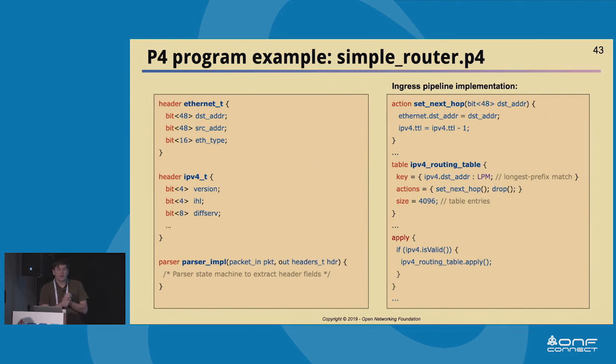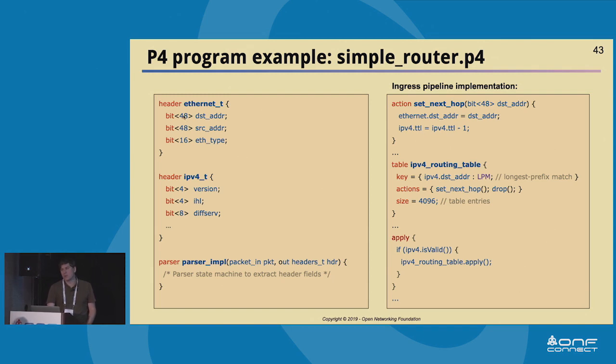This is an example of a P4 program, or at least some small snippets from a P4 program implementing a standard IPv4 routing table. In this case, we have header definitions for 2 headers, the Ethernet header with its source address, its destination MAC address and ether type.